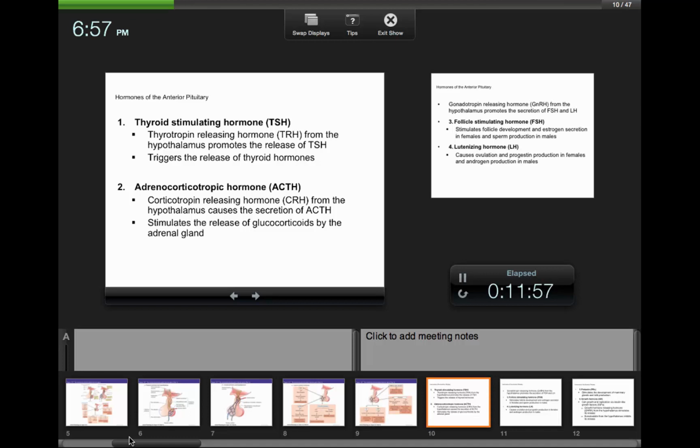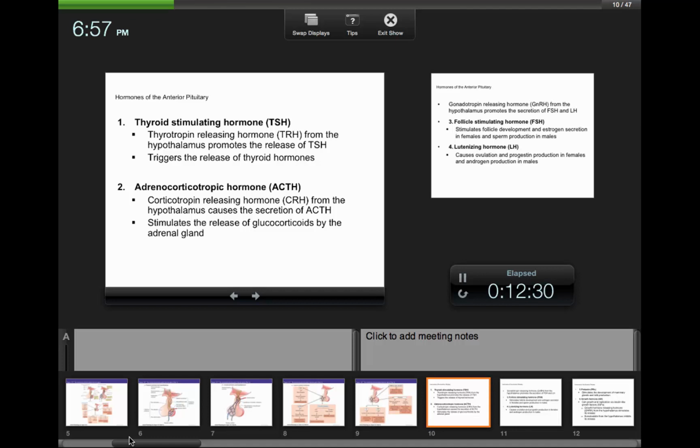Sertoli cells. In females, FSH travels to the ovaries, where it's responsible for follicle development. So every month you have follicle development that leads to a maturation of the ovum.